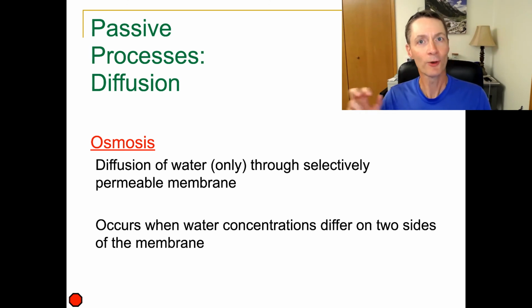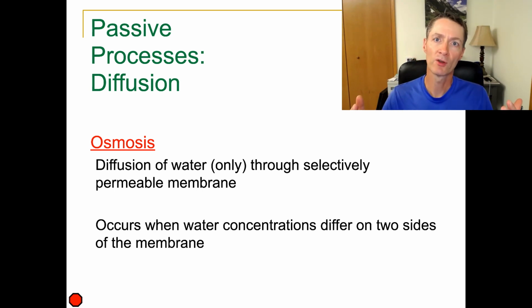But water is also charged, remember. So it's not going to move easily through this phospholipid bilayer. So we could talk about a sodium ion or some other charged item and say that it needs help in the way of a channel protein or some kind of carrier protein and call it facilitated diffusion.